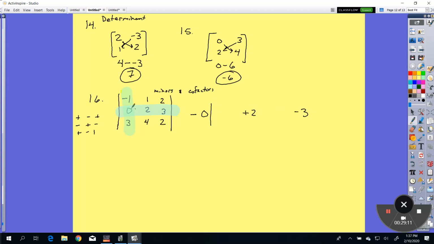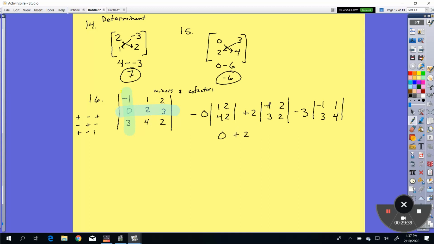Not in the same column as 0 or same row as 0 is 1, 2, 4, 2. Not in the same row or column as 2 is -1, 3, 2, 2. And not in the same row or column as 3 is -1, 3, 1, 4. 0 times anything is 0, so I'm done with that one.